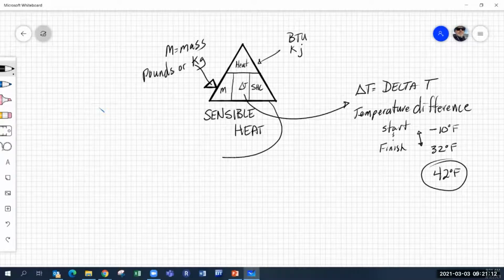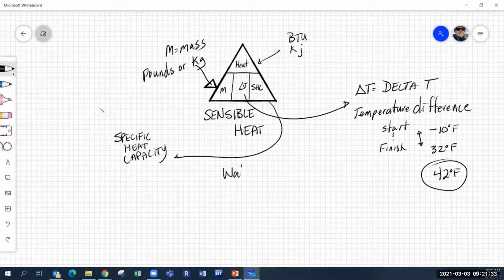This over here, specific heat capacity. And this is by experiment. They came up with these numbers. And this is the amount that a substance can absorb heat. So water has a specific heat capacity of 1 BTU per pound per degree Fahrenheit.